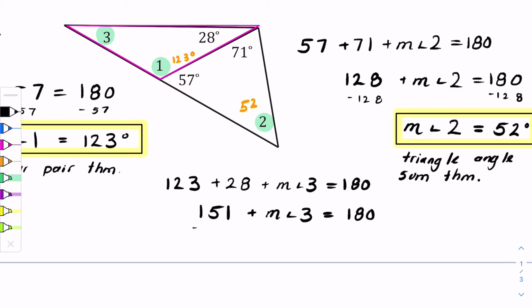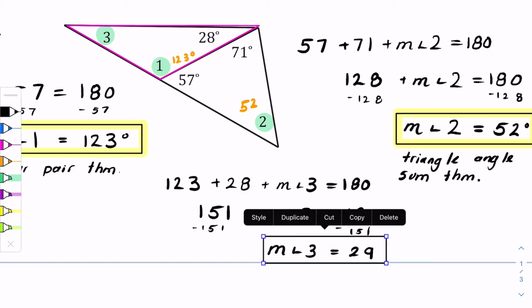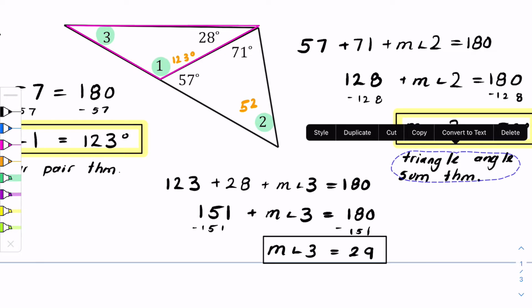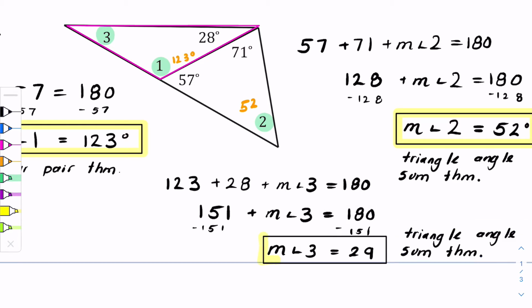When we subtract 151 from both sides, our solution is that the measure of angle 3 is equal to 29 degrees. And again, I'm going to indicate that I used the triangle angle sum theorem to solve for this. Interior angles of a triangle sum to 180.